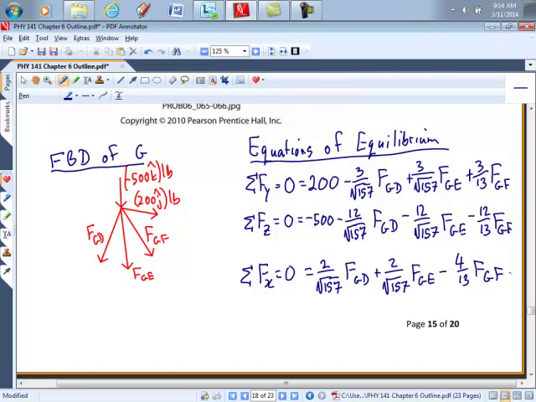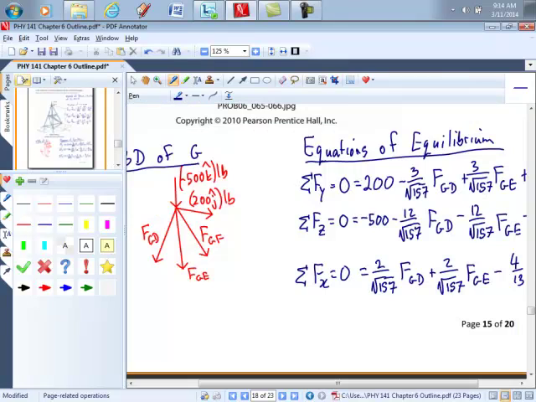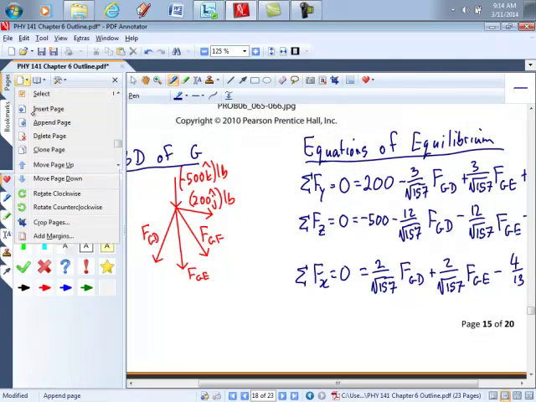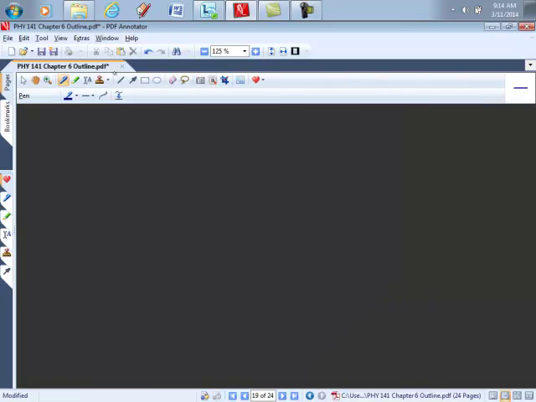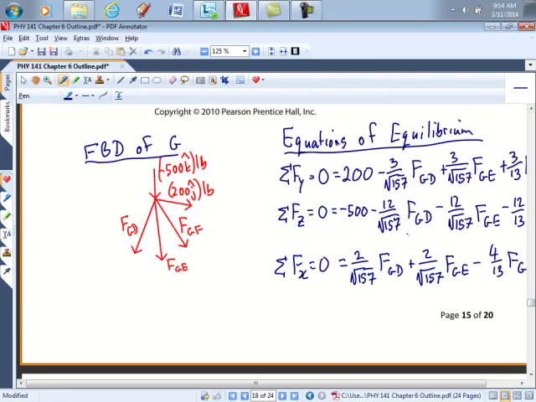I've got 3 equations. Each equation has 3 unknowns. What would be a good strategy for solving? I think we're going to have to use a matrix. So before we set up the matrix, there's lots of ugly coefficients in here. So what I'd like to do is, before I put them into the matrix, multiply each equation by some number that's going to give me a leading number that, if it's not 1, at least it's a whole number.